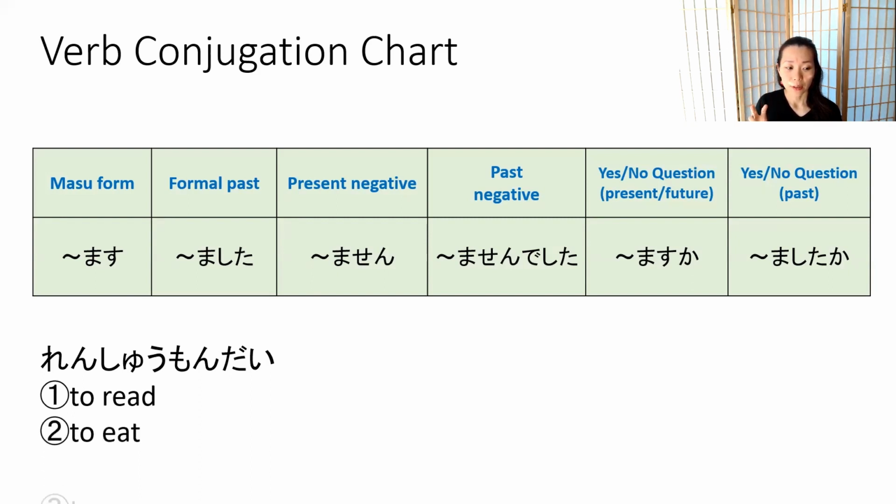So let's try an exercise, 練習問題ね。I want you to try to fill in to read, to eat, to go. You can pause this video. ビデオを止めて自分でチャートを作ってみましょう。You can pause the video and actually handwrite ます、ません for those three verbs if you need. Okay, start.